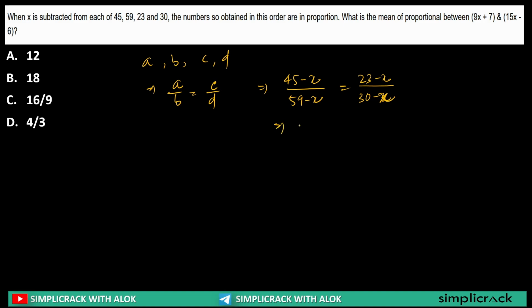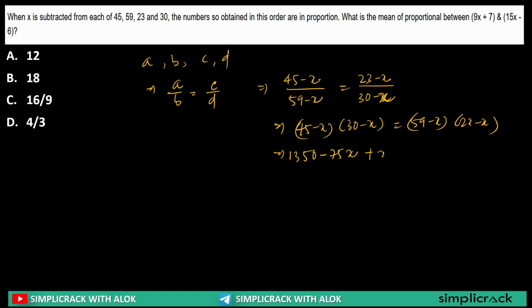So here it can be written as 45 minus X into 30 minus X is equal to 59 minus X into 23 minus X. Or this can be written as 45 into 30, 1350 minus 45x minus 30x, 75x plus x square is equal to 59 into 23, 60 into 23 is 1380 minus 23, 1357, minus 59x minus 23x. So 59x plus 23x is equal to 82x plus x square.